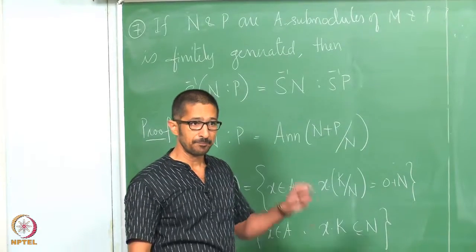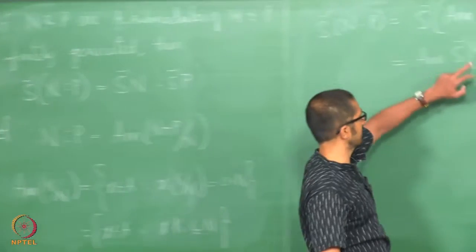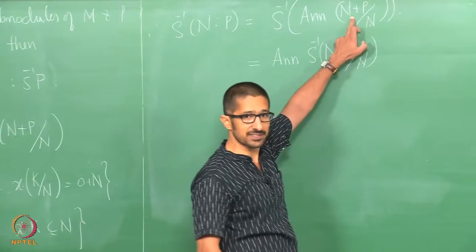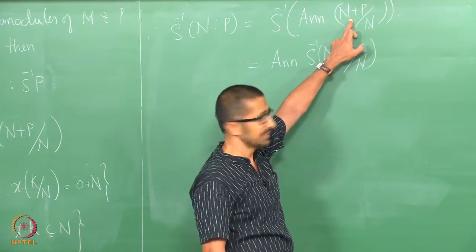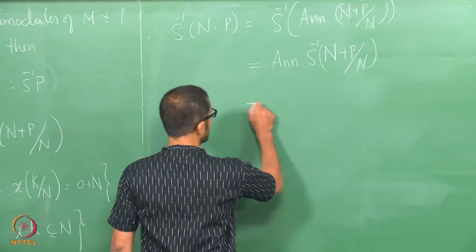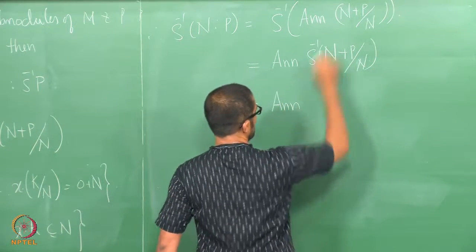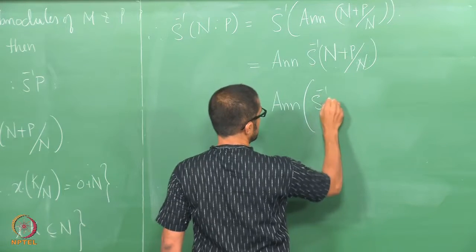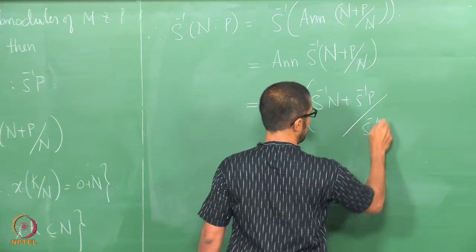Here we are using the fact that p is finitely generated, therefore this is a finitely generated submodule of m mod n. Therefore, this is equal to this by the previous property, and this is the same as S inverse n plus S inverse p modulo S inverse n.